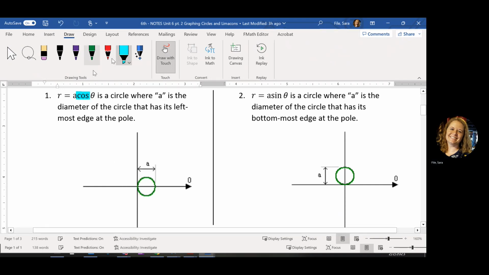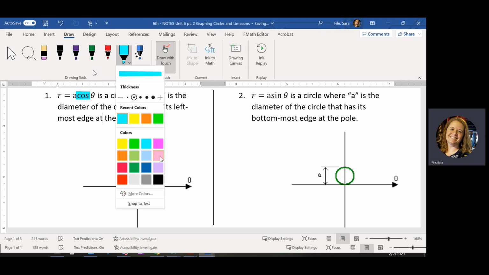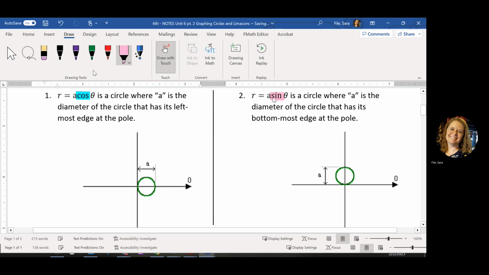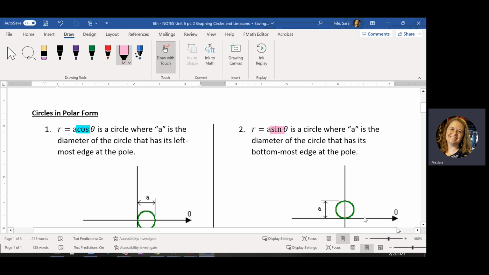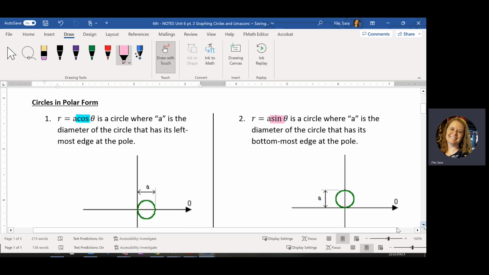So we've got cosine versus sine. The difference is going to be which axis the circle is drawn along, because it's drawn in a direction. The edge of these circles is at the pole, but they go out along the axis.